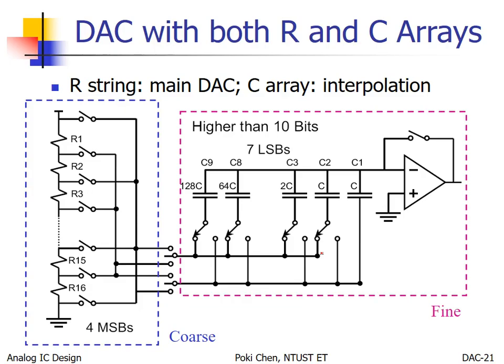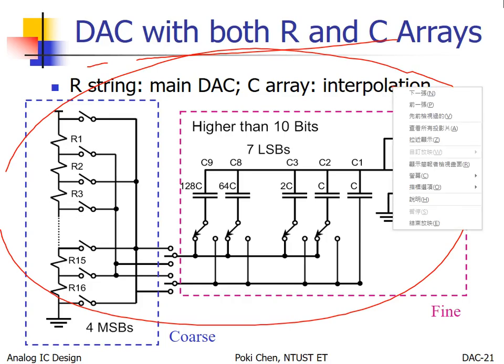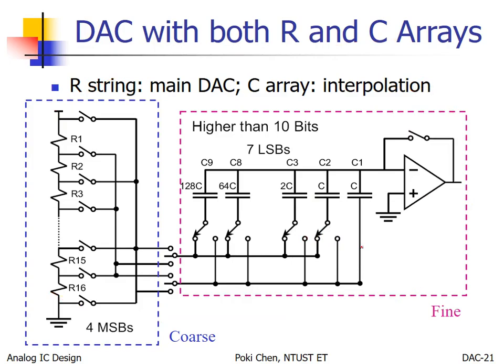What I would like to say is we have R string, we have capacitor array, but you can still hybrid both of them. This is a very good idea for you. So for the R string, in this structure, we have that for MSBs.